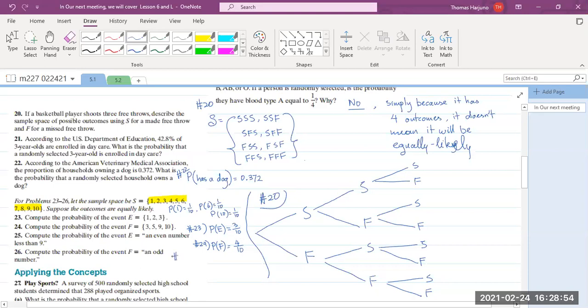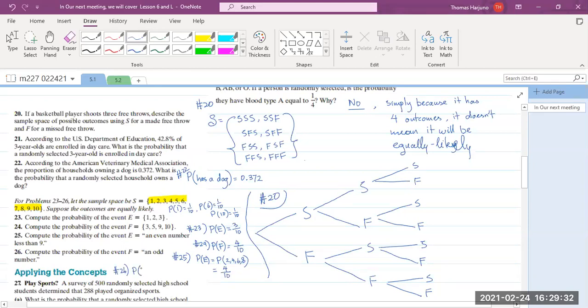Number 25. What is the probability of getting E? That is an even number less than 9. Even numbers less than 9 are 2, 4, 6, 8. The probability will be 4 out of 10. Number 26.